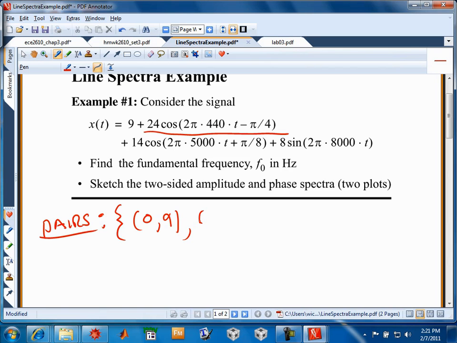So we have a 440. And what's the full complex coefficient that we would have inside of here? This would be like our x1, if you want to think of it that way. Okay, we have a vote for 12e to the minus j pi over 4.